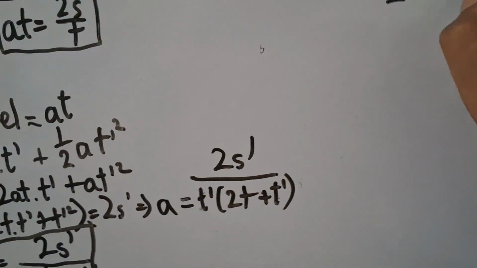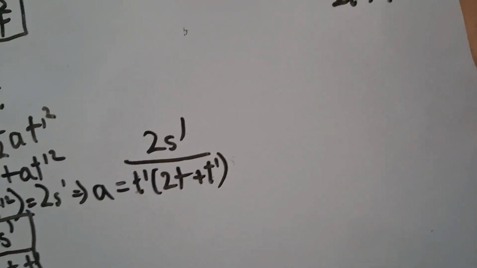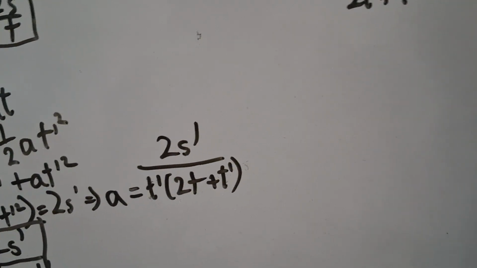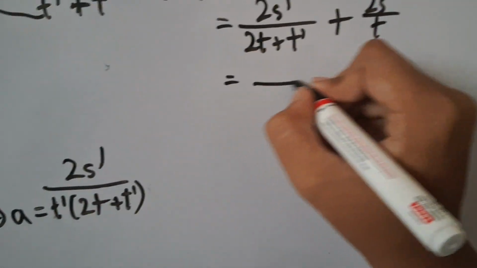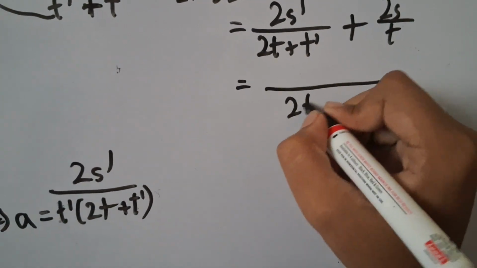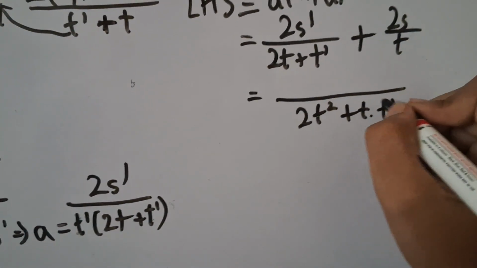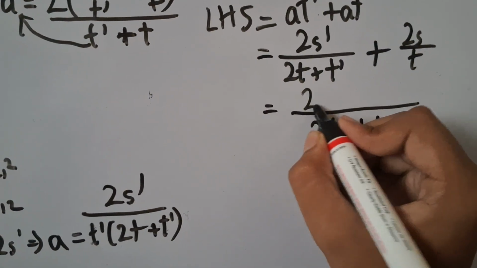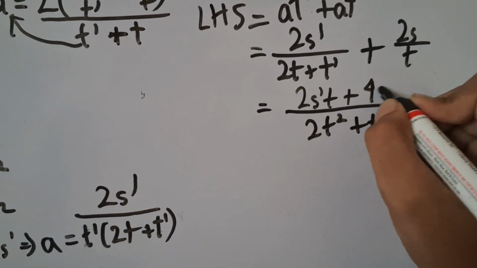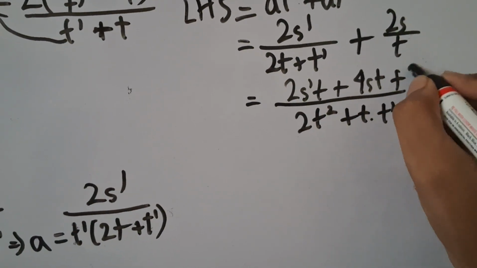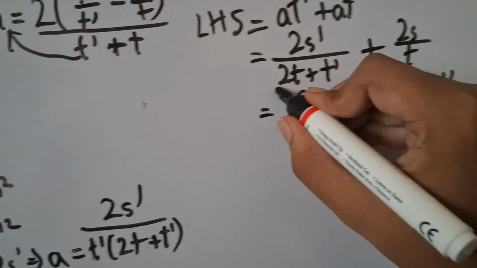So 2s dash by 2t plus t dash, plus 2s by t. So we are going to simplify this: 2t square plus t dash, 2s dash t plus 4st plus 2st dash.